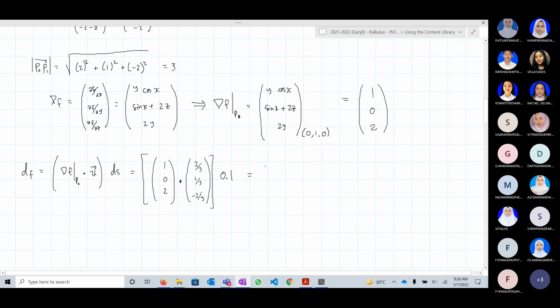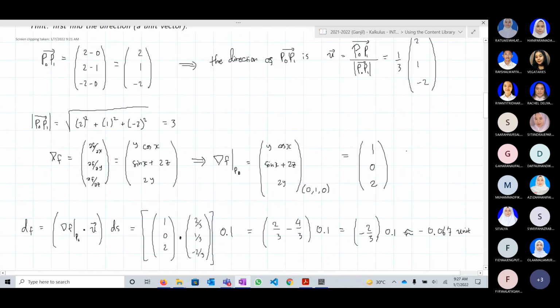So we have 2 over 3 minus 4 over 3 times 0.1, which is minus 2 over 3 times 0.1, which is about minus 0.067 unit.